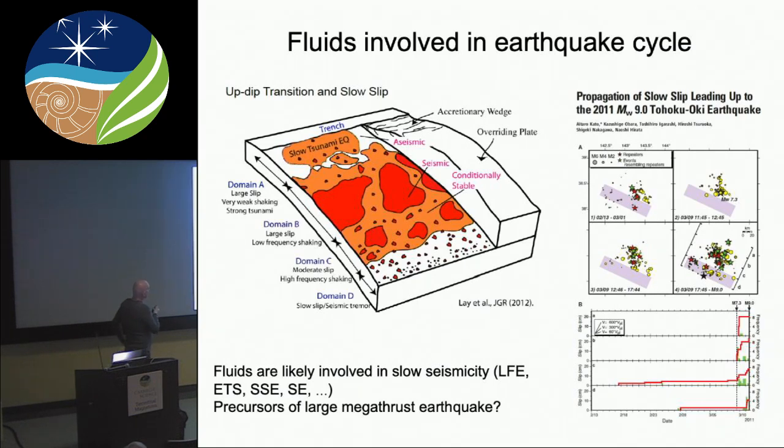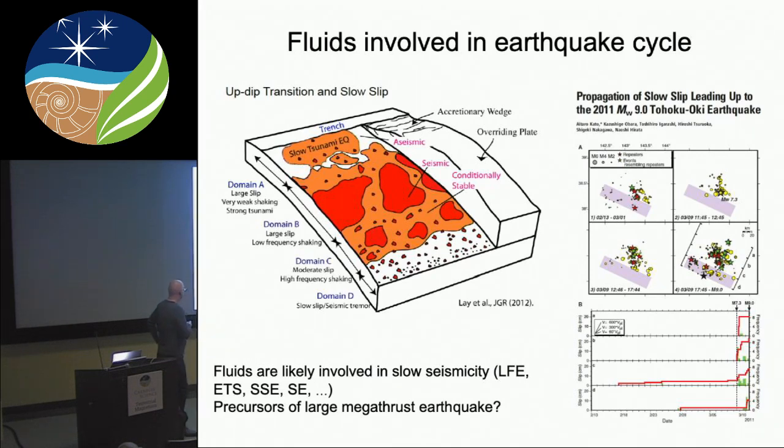And as you go down, you have more and more fluids being released from the subducting plate, and that can travel along the plate interface and are thought to be very important for explaining the generation of very large earthquakes. But they are also involved in what is happening in the deepest part of this region, which has been described as slow seismicity and includes a whole lot of events: low frequency events, episodic tremor and slip, slow slip events, etc., which are sort of intermediate between fast seismic activity in the upper level and the kind of ductile deformation you expect when you go down along the slab.